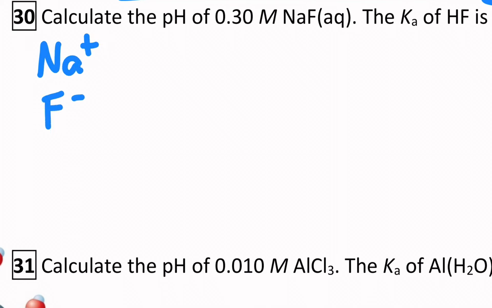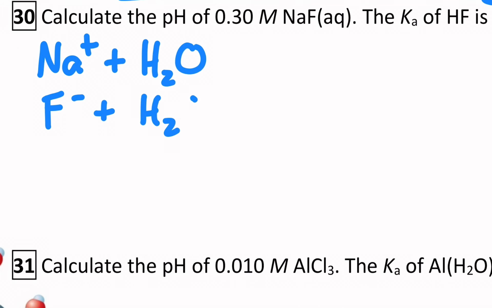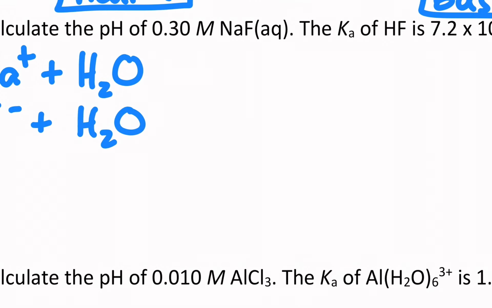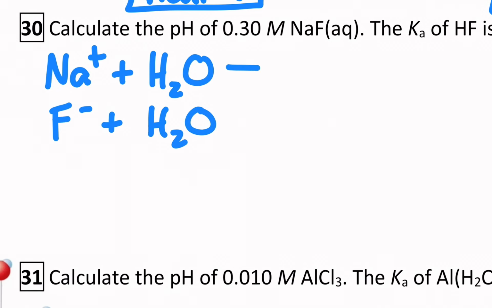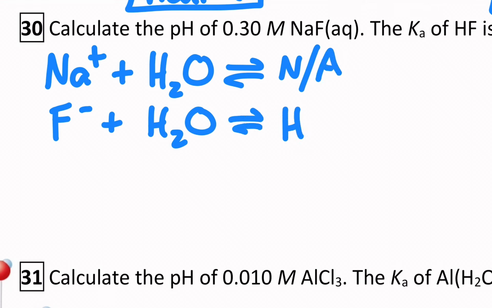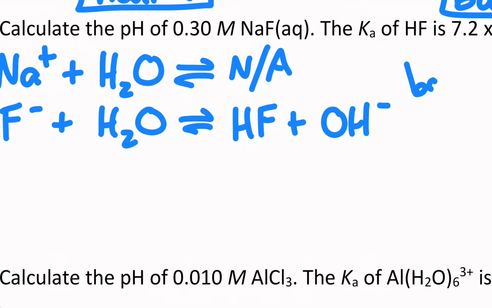And both of them have the potential to react with water. Now we should know sodium fluoride, based on what we just went through, is basic. The sodium cation is not doing anything with water, but the fluoride anion has the ability to create HF and hydroxide. Again, that's why it's basic.